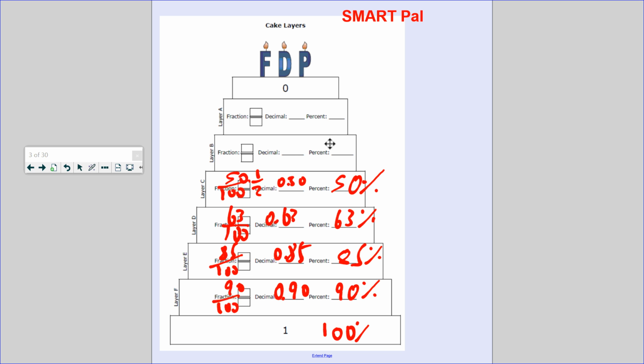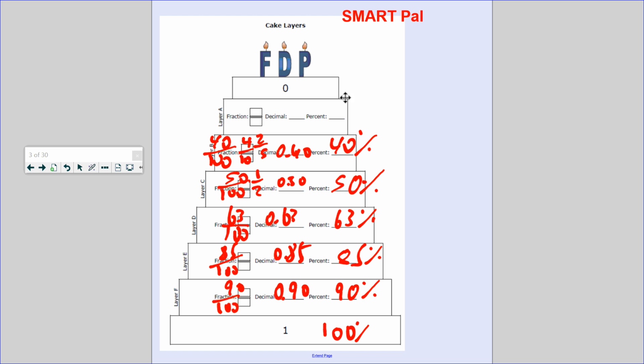What about 40%? That would be 40 hundredths, or the decimal 0.40. But can you simplify this fraction? I could divide both of them by 10. That would be 4/10. I could divide by 2, 2/5. You know what? I should have divided by 20.